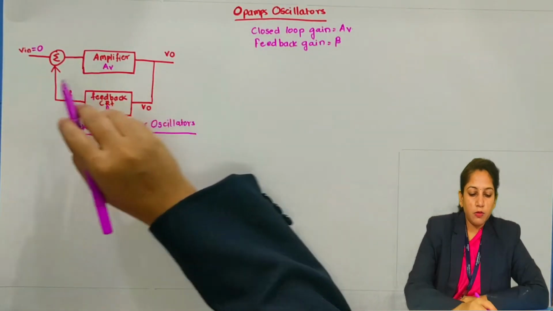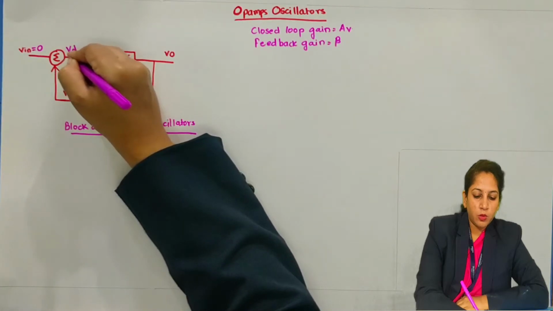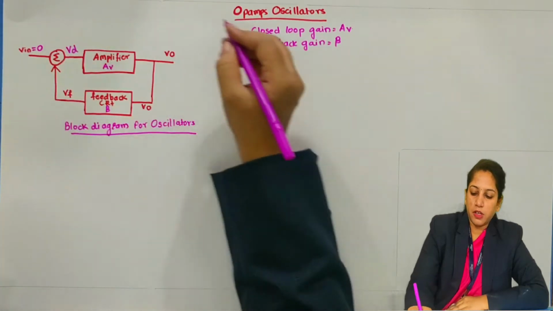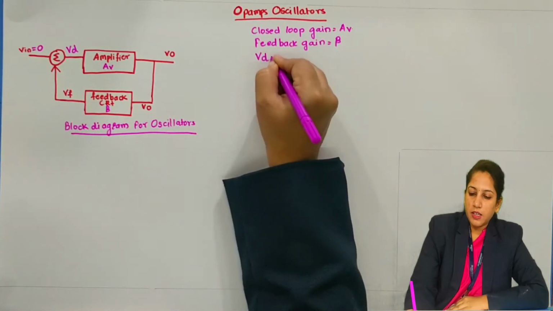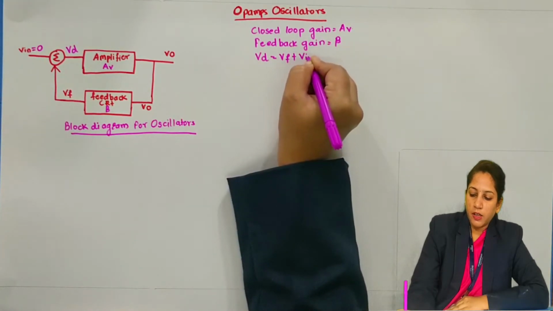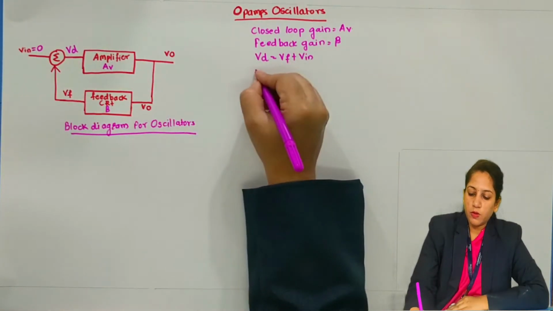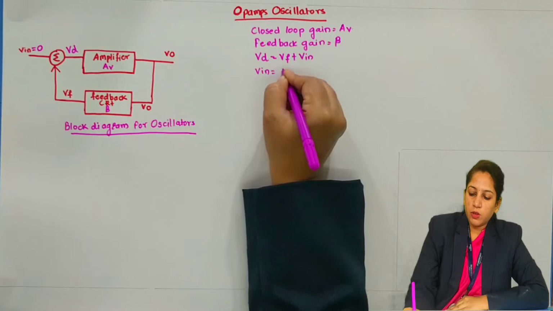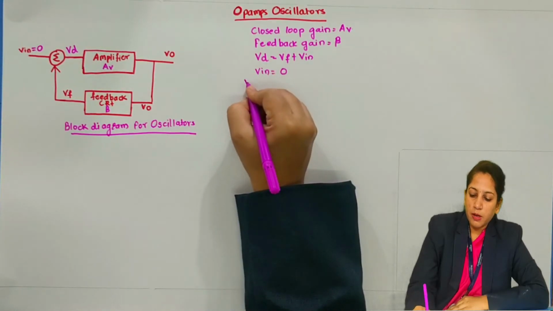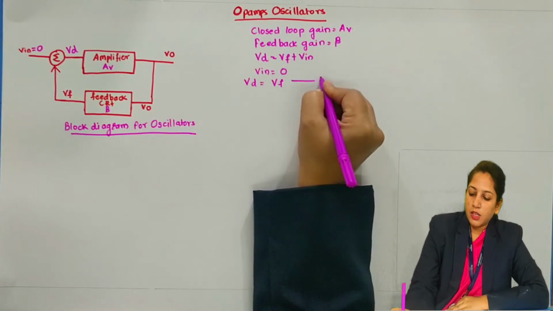Here Vin is 0 and suppose this is the Vd voltage, which is Vf plus Vin. So Vd is equal to Vf plus Vin, and we know that Vin is equal to 0. So my Vd will be equal to Vf. Suppose this is equation number 1.